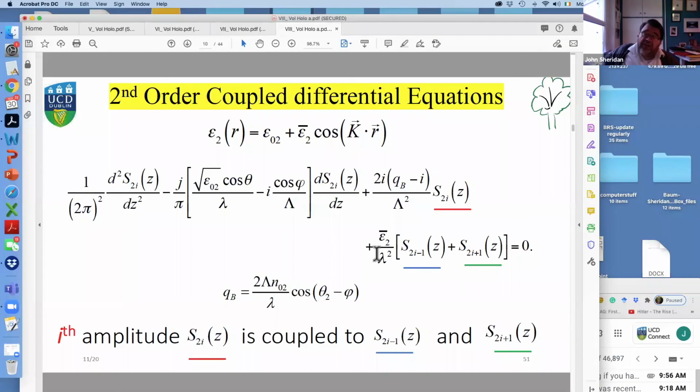And in fact, if you've got very few diffraction orders, a very small period, so suppose you have 2 or 3 diffraction orders in the air, but then you have a substrate which is glass, you may have more than 3. You may have 4 or 5 diffraction orders in the glass.